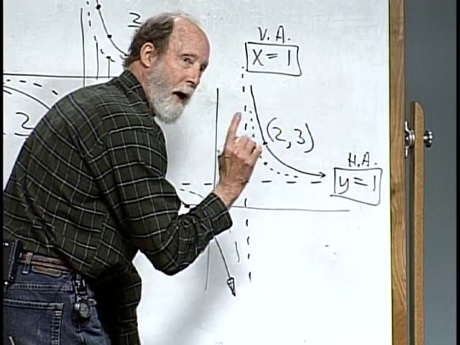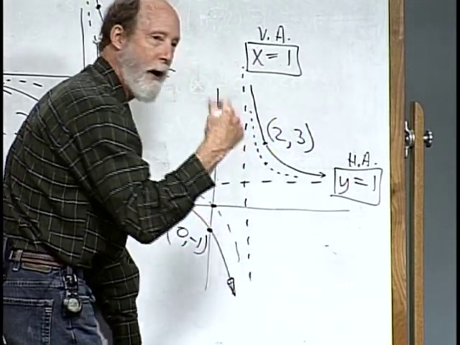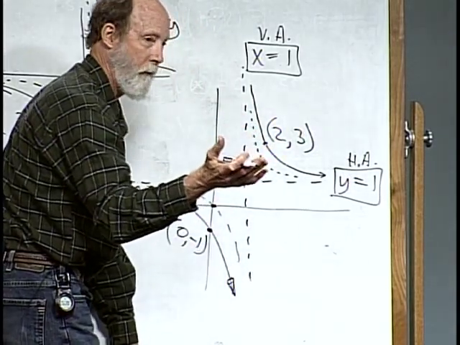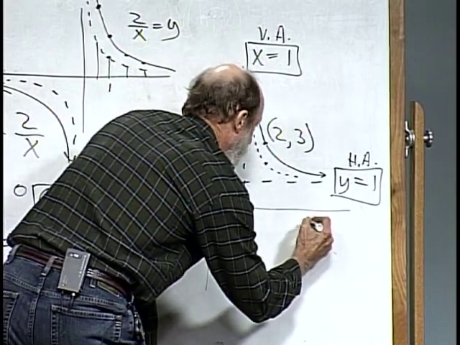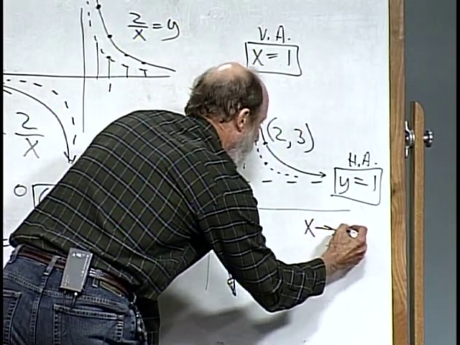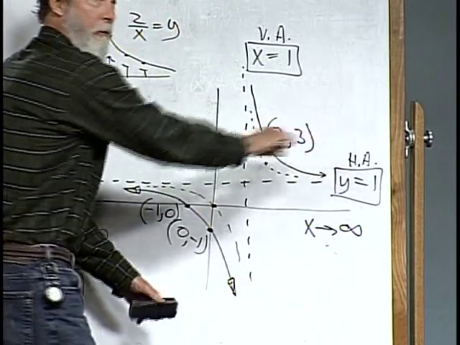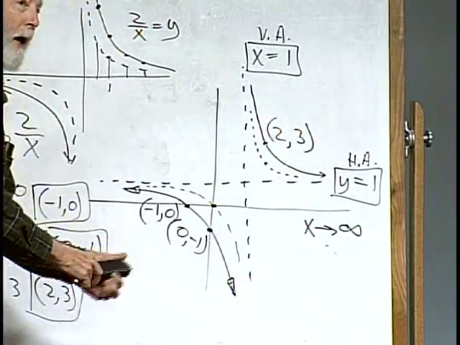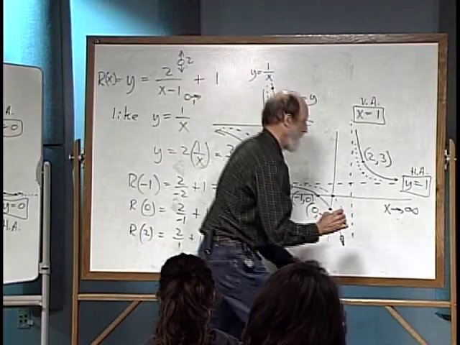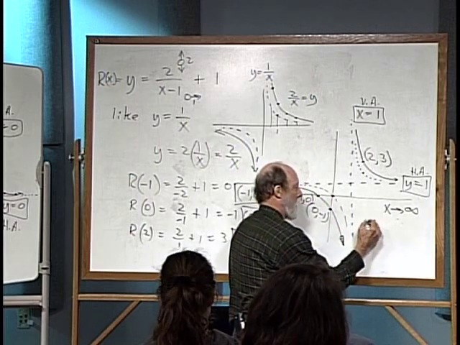So watch the mathematics. This is a fancy way to explain, and we've actually already done this. But what I would do here is I would say x approaches infinity. That means I'm heading off to the right. I go back up and look at the original function and look at what r of x is doing.